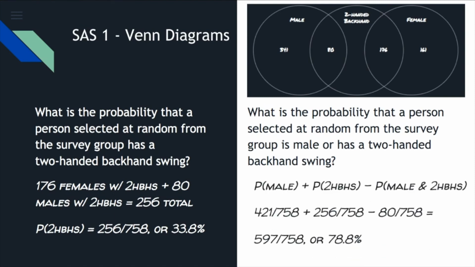And that's exactly what I have here. 421 plus 256 minus 80. Oh, I see that. I've done something incorrect on here. I believe I subtract the 80 from the male with the two-handed backhand swing. Oh, because it doesn't say, okay, I get it. So anyway, I think that may be incorrect. I'm going to go back and look at it.